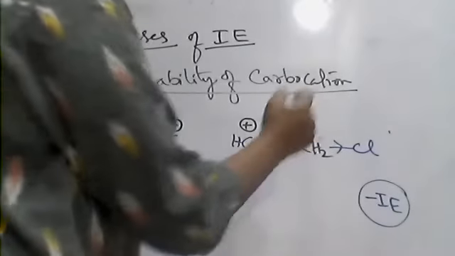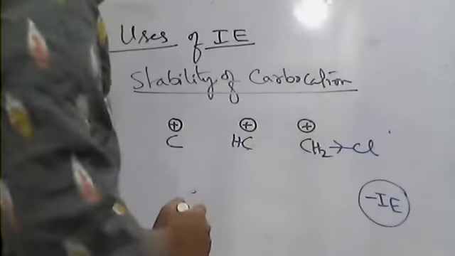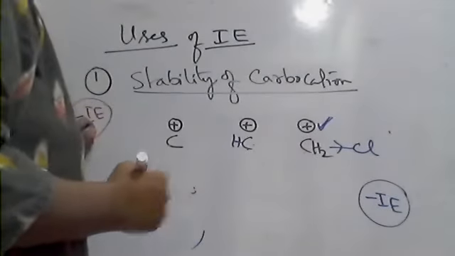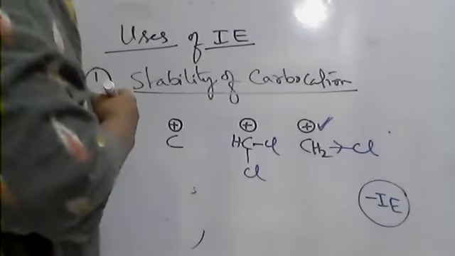But when it is attached with chlorine, which is a minus I group, this carbon once again loses electrons, and the electron moves towards the chlorine through the sigma bond. Therefore, the intensity of this positive charge increases much more. So it is one group. Suppose two chlorine atoms are attached.